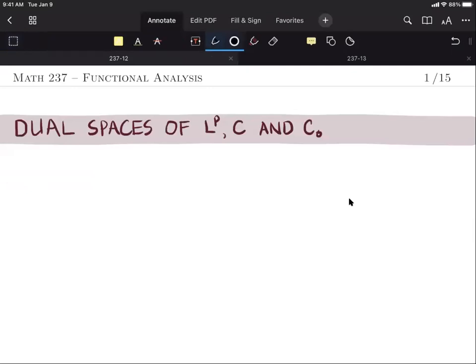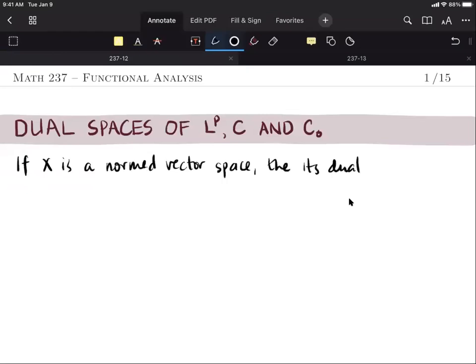So let us recall that if X is a normed vector space, then its dual is defined by, or given by, the set of all linear operators from X into R, and we denote a prime to signify the dual.